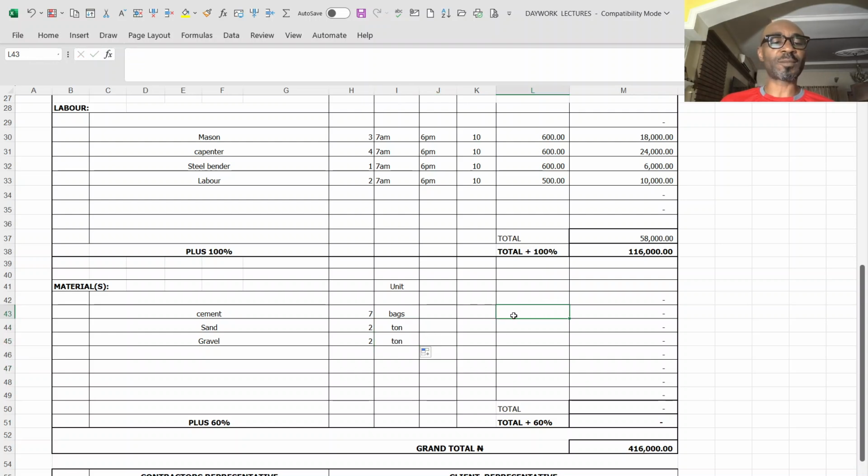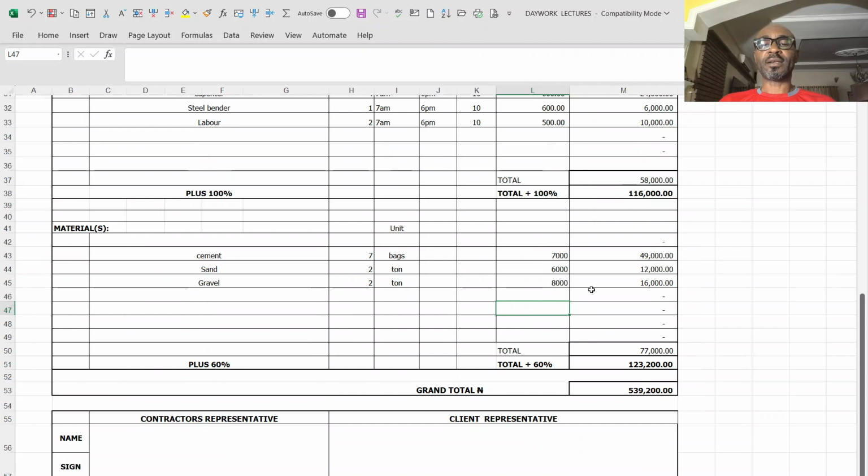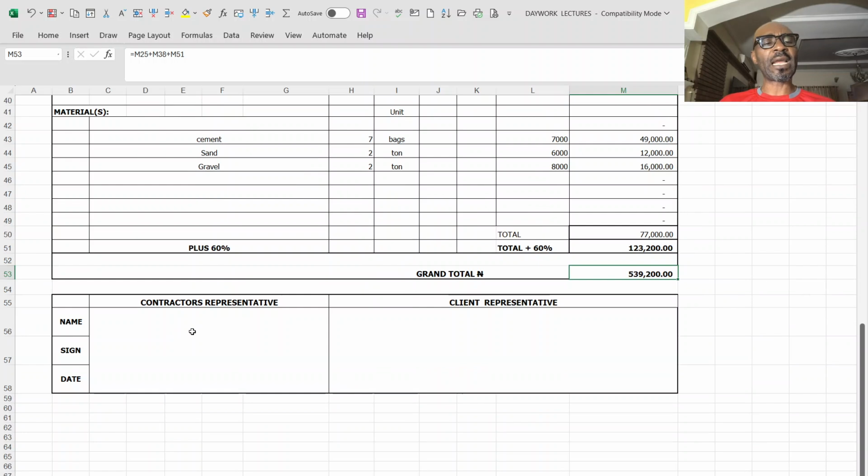The cost per bag is 7,000, the cost for 1 ton is 6,000, and the cost for this is 8,000. These are the amounts, and I have a 60% markup on it. It gives me 1.6 multiplied by 7,000. So at the end of the day, I have 539,200 for this day. And the contractor signs off, and the client signs off, then they will process it for payment.